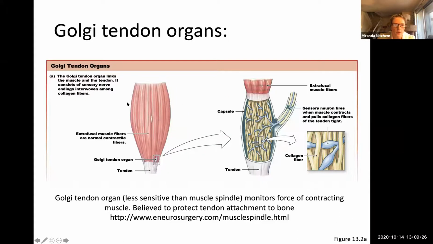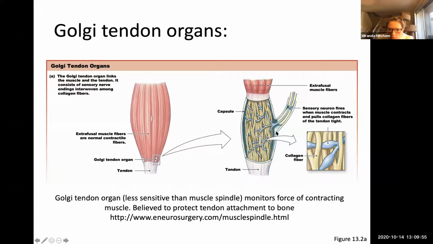Okay, now we're looking at the Golgi tendon organ, and these are right at that barrier between the muscle and the tendon. Again, the tendon is the attachment point to the bone. So let's zoom in on those. So look at all the inside of this. The blue is the sensory neuron that is associated with the muscle contracting.